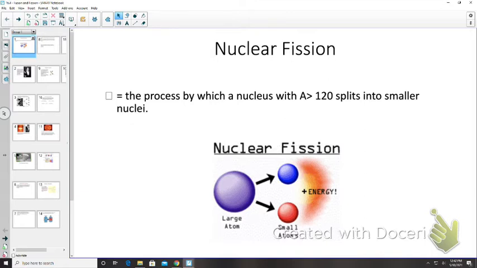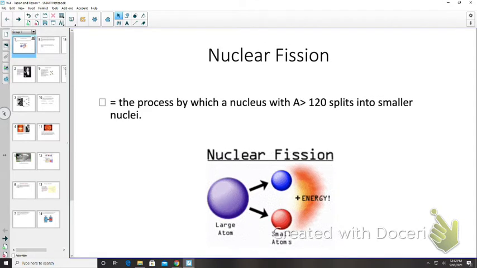So nuclear fission is the process by which a nucleus with an atomic number greater than 120 will split into smaller nuclei. Remember, atomic number tells us the number of protons present.